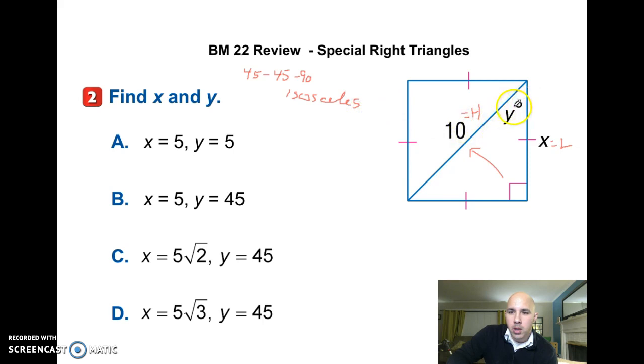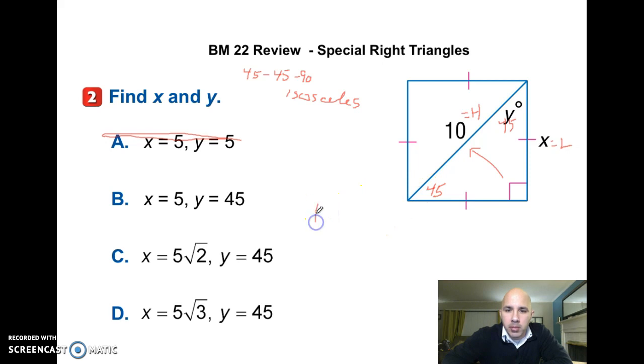So I know that this angle is going to be the same as this angle. So I know it's going to be 45 here, and I know this is going to be 45 as well. All right, so y has to equal 45. So this is the only one that doesn't work for us.